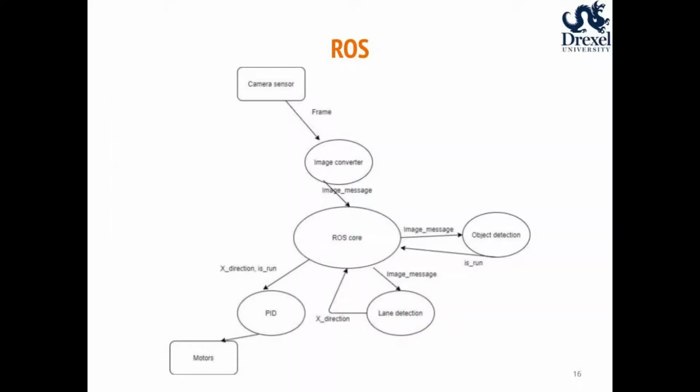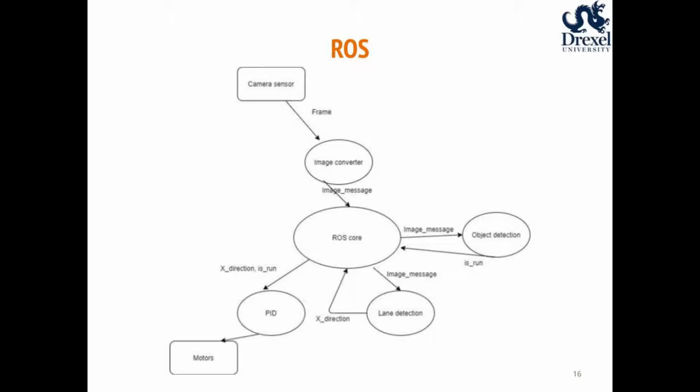This should be our finalized software structure. It has ROS core which controls all of the nodes, and 4 nodes: image converter, object detection, lane detection, and PID with its control.